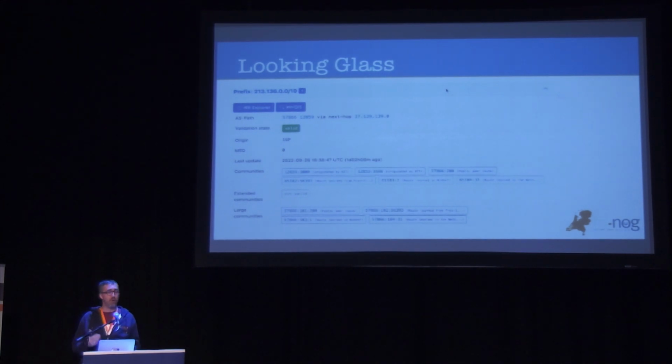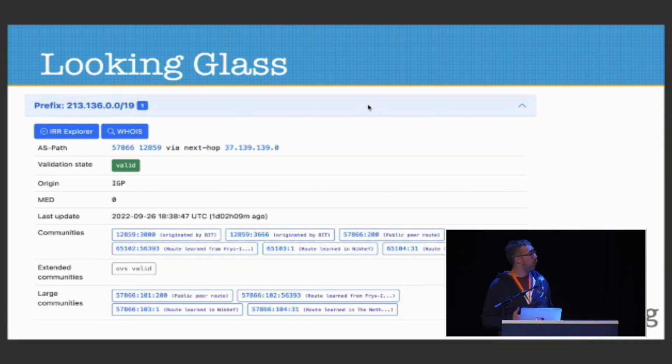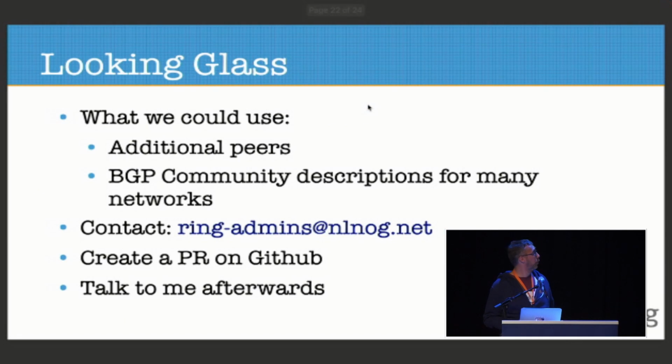We are now collecting information on communities from various networks so that we can show them here. So it gets clear what communities are added to a prefix and what they mean. If you do have a list of your communities, please send them to us or send a pull request so we can add them. I think we have most tier ones covered by now, and some other networks as well. This looking glass has been live for a little over 2 weeks, and it's growing fast, so that's nice to see.